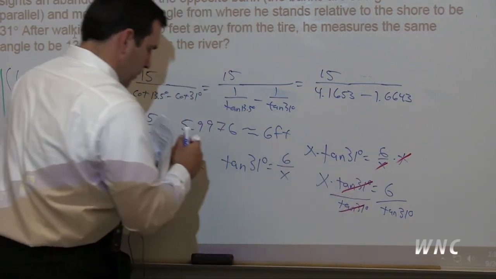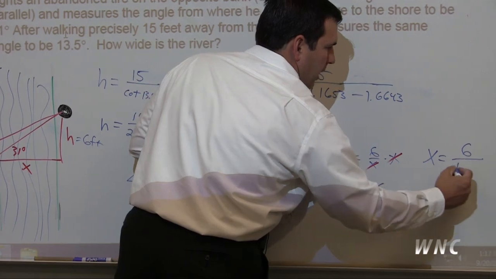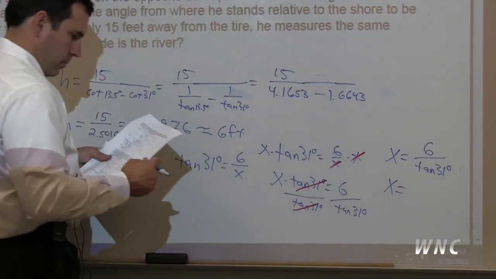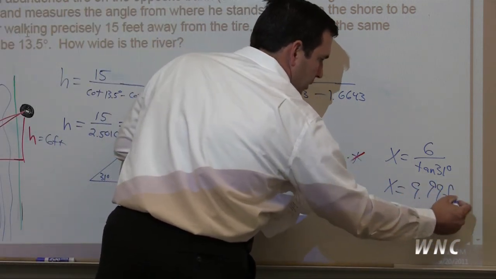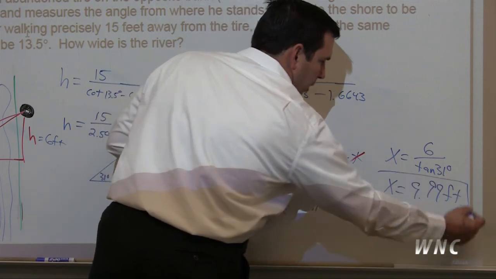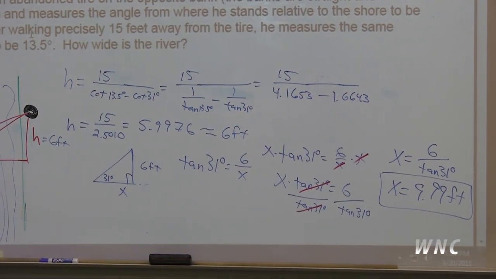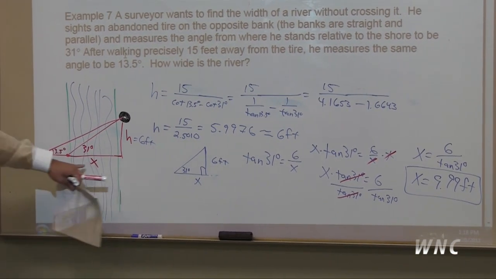This divides out. So x equals 6 over tangent 31 degrees, and x is 9.99 feet. You could probably round that to 10 feet, but I'm going to go with 9.99 feet. I would take 10 feet on a test though. And that is our distance across there.